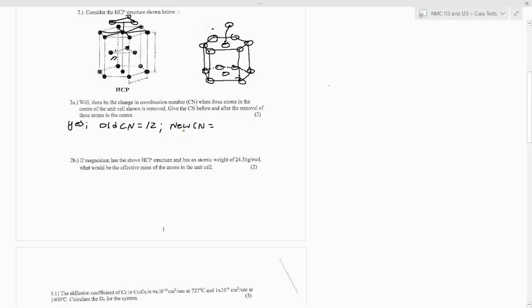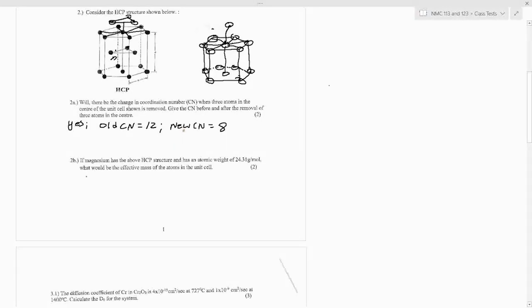The surrounding atoms will also touch. So it's 1, 2, 3, 4, 5, 6, 7, and 8. So the coordination number for the new one would be 8.